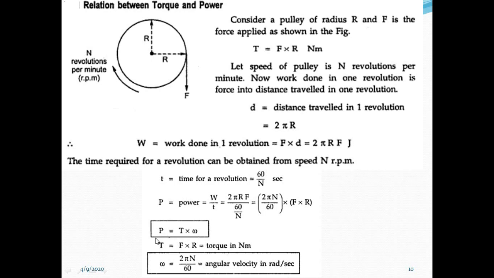So power, mechanical power is equal to torque into omega, where omega is the angular velocity, that is 2 pi n by 60. It is measured in radian per second. Suppose if this capital N, that is speed, is given in RPS, then the omega is simply 2 pi n.